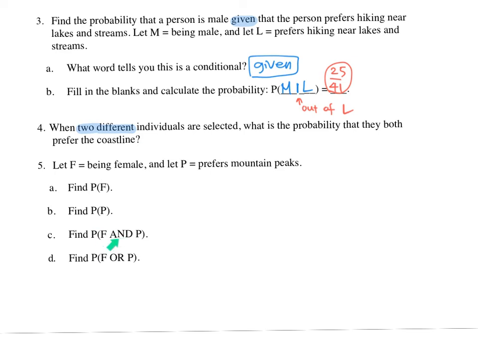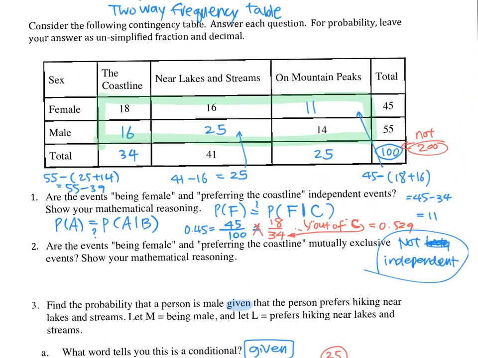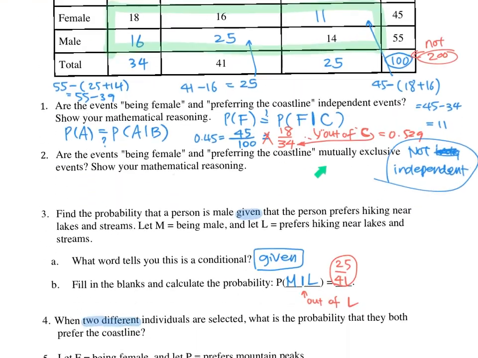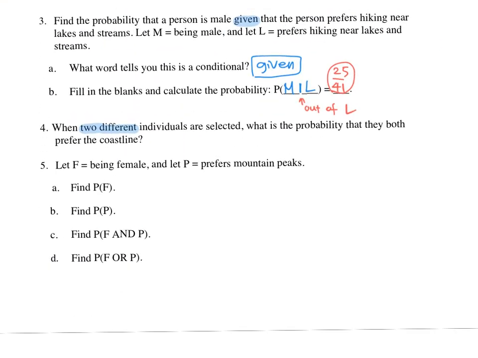So there's no formula. I'm just looking for the probability that somebody being picked is female and prefers mountain peak. So basically I just have to look at the chart. Female, mountain peak, there are 11. So my answer is 11 over 100.